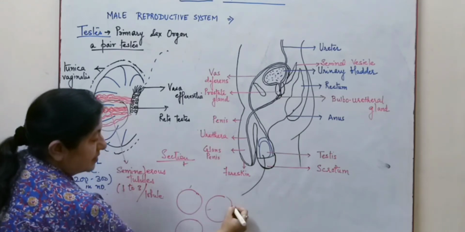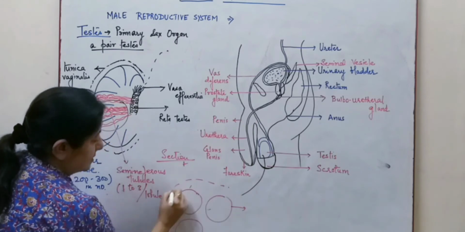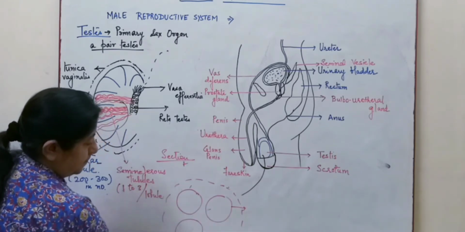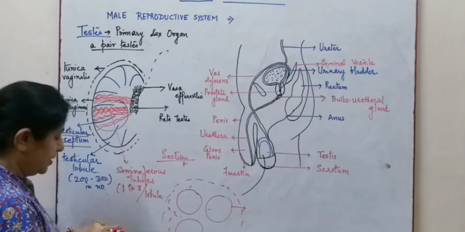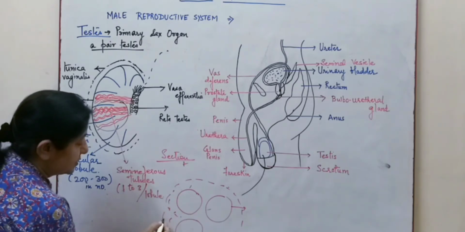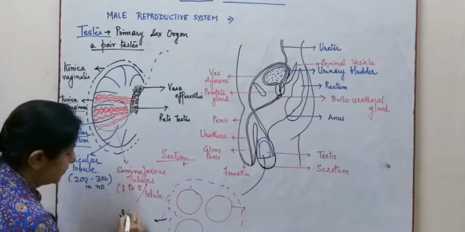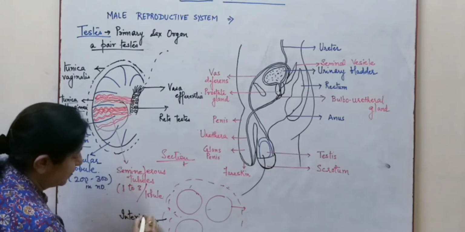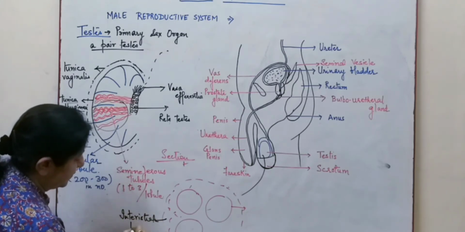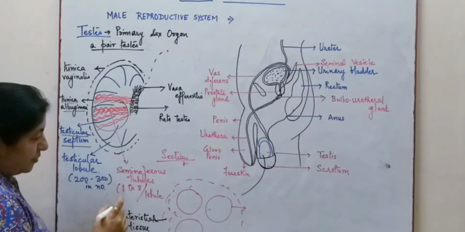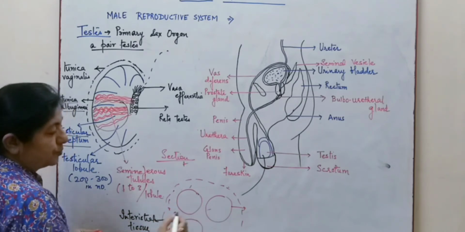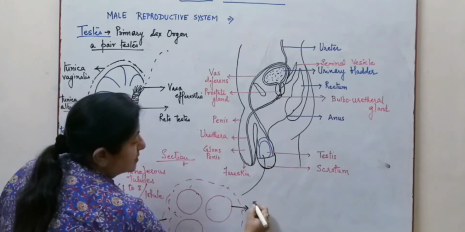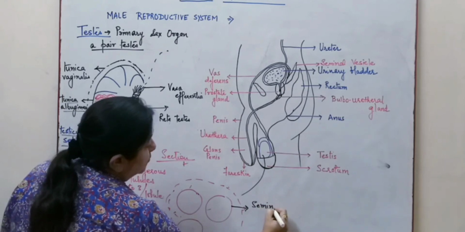And this over here is the interstitial tissue, all the tissues which are surrounding this. Now here, this is the section of the seminiferous tubule.